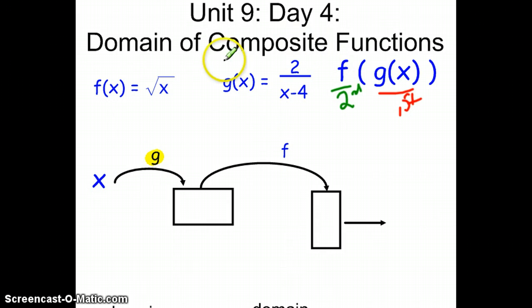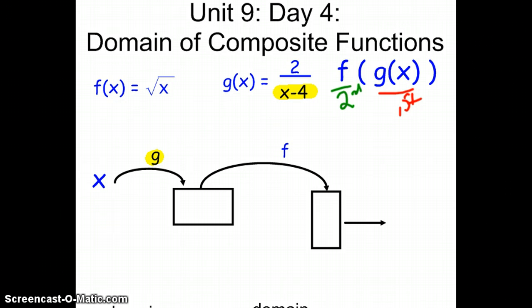I can plug any number into g except the number that makes the denominator 0. So what number makes the denominator 0? 4. In other words, I can plug 5 into g and get an answer out, and that'll be fine. I can plug 6 in. I can plug in any number, but if I plug in 4, I'm going to get an error.